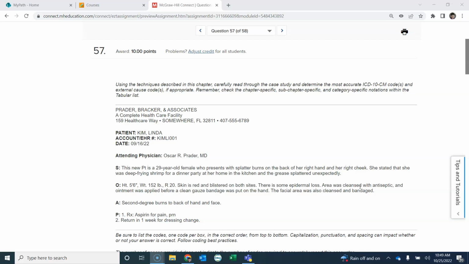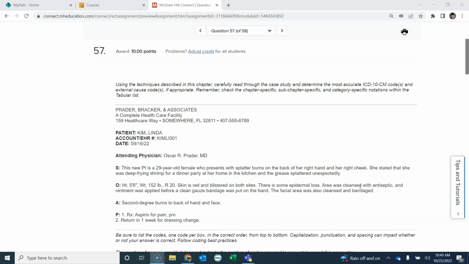Okay? So now we got to say place. So go to external cause, look up place of occurrence, and we're going to look up residence because it says that she was in her home in the kitchen. Okay? So we're going to look up place of occurrence, residence, and then you'll see it says house, single family, and then it lists several rooms.